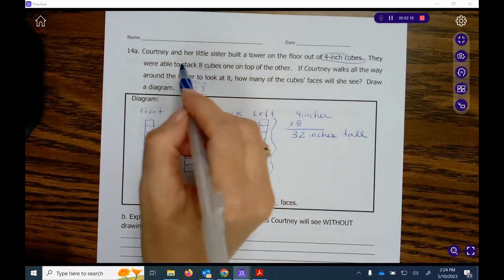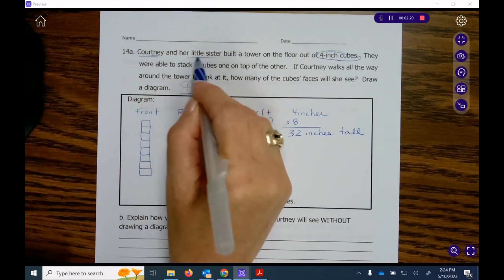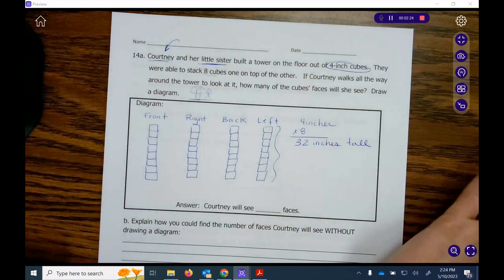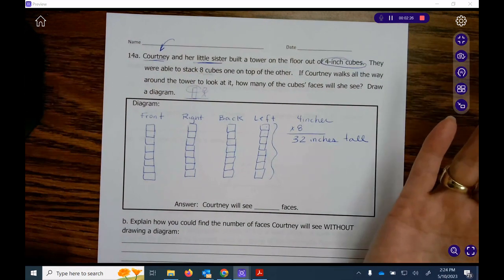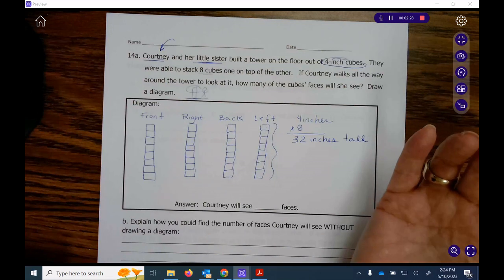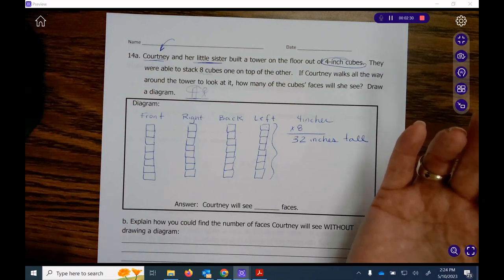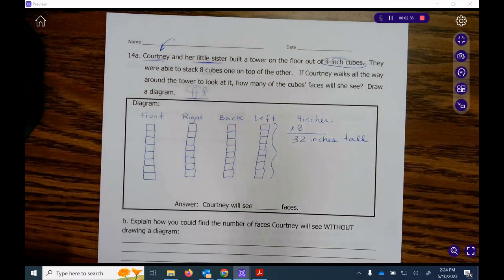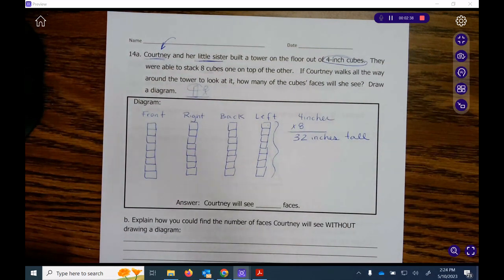Also in this problem, it says that it's Courtney and her little sister. So we're noting here that Courtney is a bigger sister. So if Courtney is taller than 32 inches, she's going to be able to see the top of this tower as well. So I'm going to assume that Courtney is taller than 32 inches.